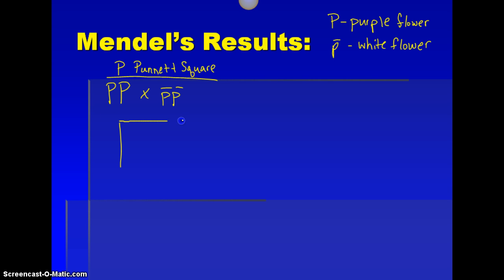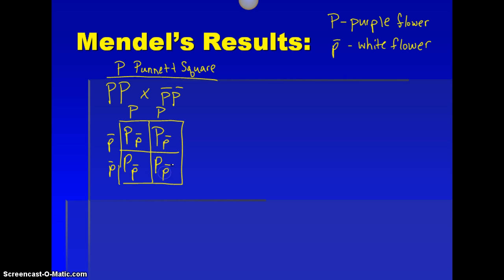When we make that Punnett square, we take parent 1's information and put it across the top, and we take parent 2's information and put it down the side. We then pull the letters into each box: big P, big P, little p, and big P, little p.